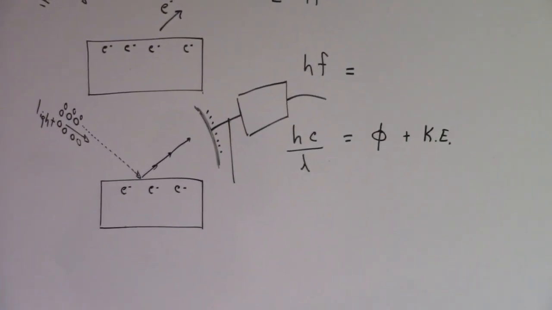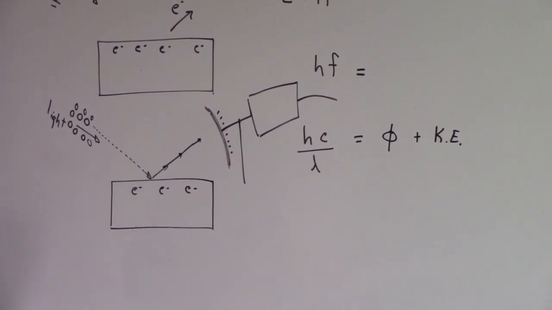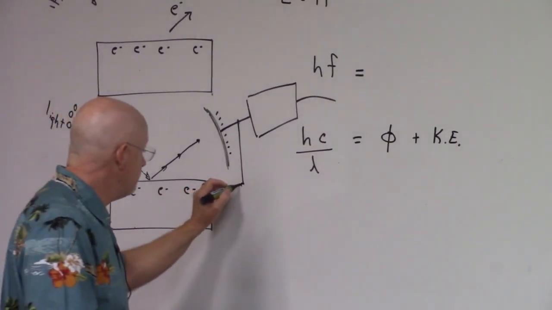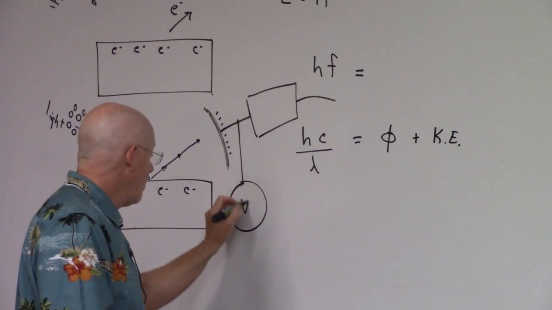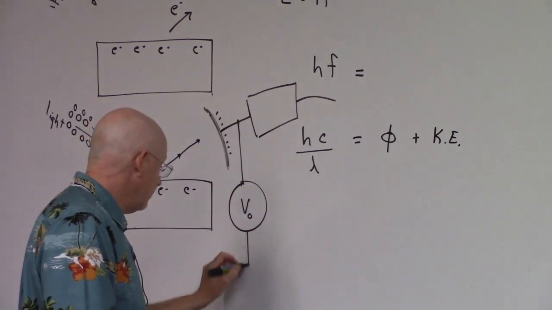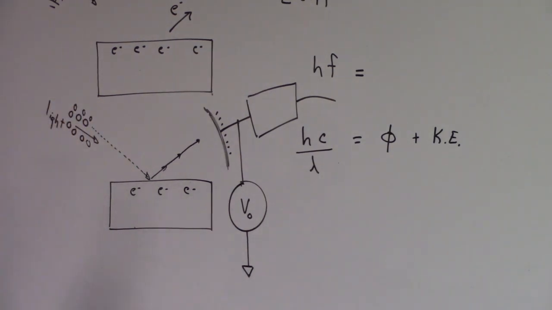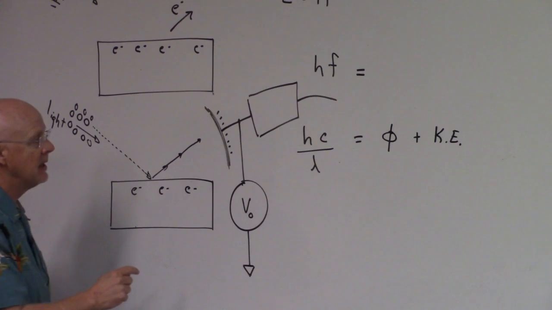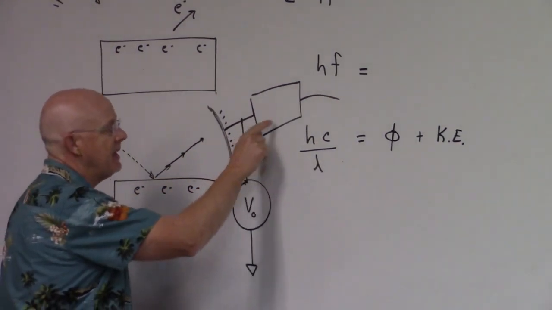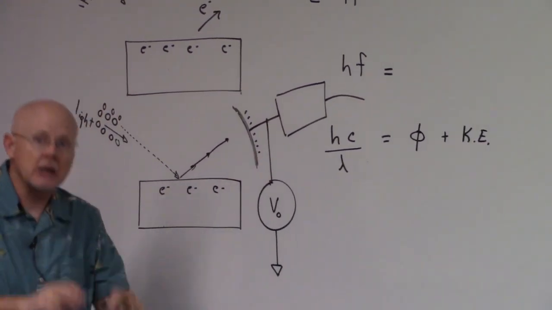And so what we're going to do then is measure what we will call the stopping voltage. How much voltage do you have to put on this plate so they stop being collected? They get blocked.